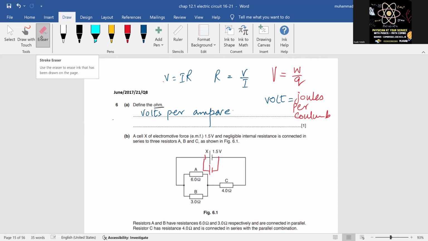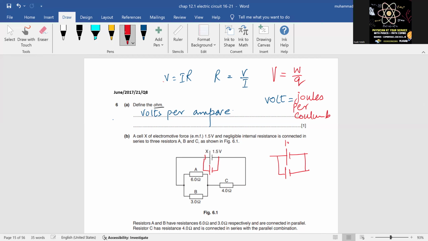Yes, sir. But sir, what if it's not 1.5 and something else? This is not possible, by the way. If you connect two cells in parallel like this, and let's say this is 1.5 and this is 1.51, this is not possible. This violates Kirchhoff's law, and if you do it in practice, it will explode the circuit, right?